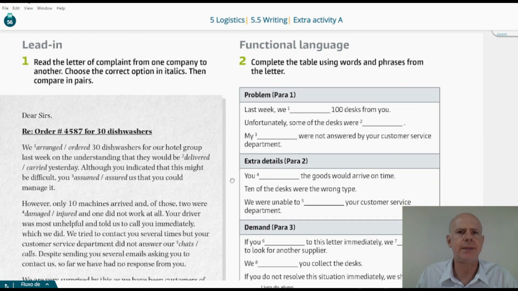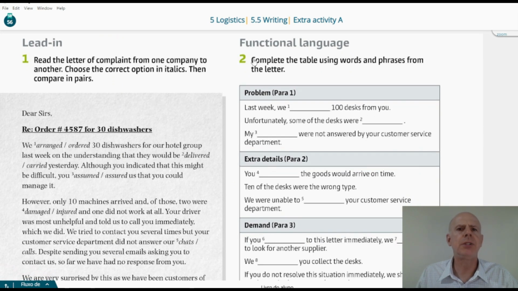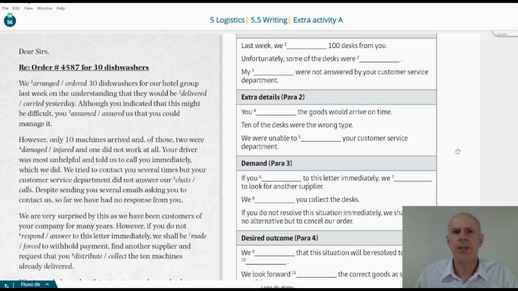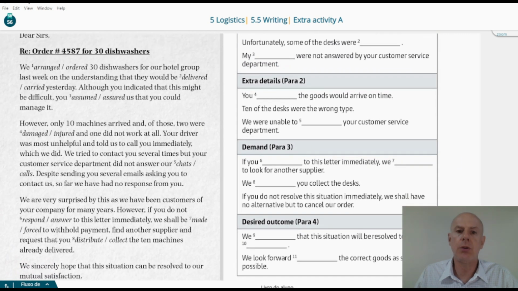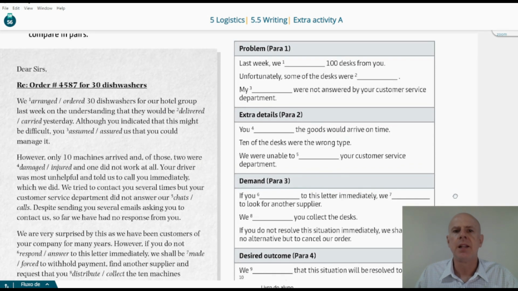In part 2, we are learning functional language connected to letters of complaint. Complete the table using words and phrases from the letter. We have a different example here, a different situation, but the structure is the same and basically the message is also very similar. Look here, we have paragraph 1.